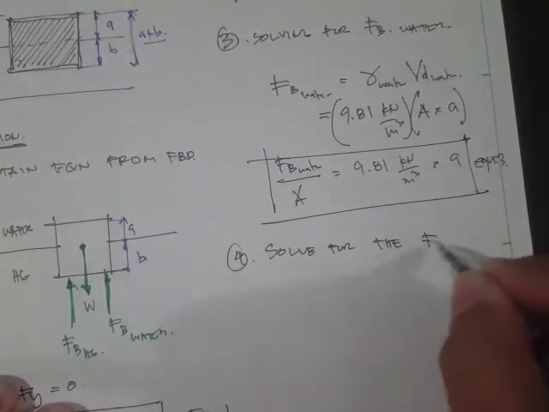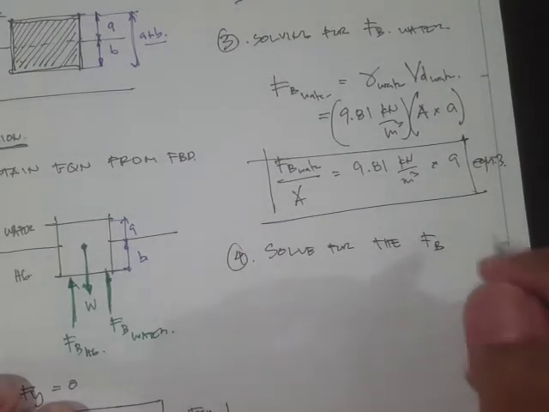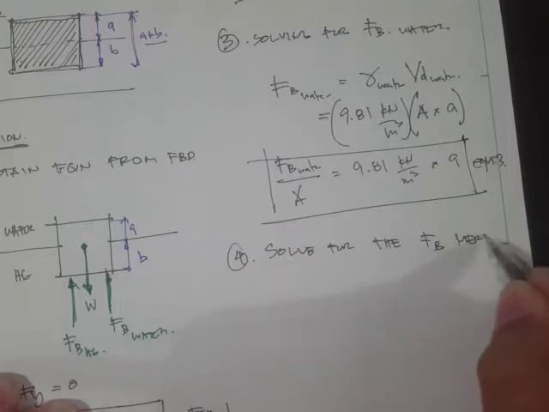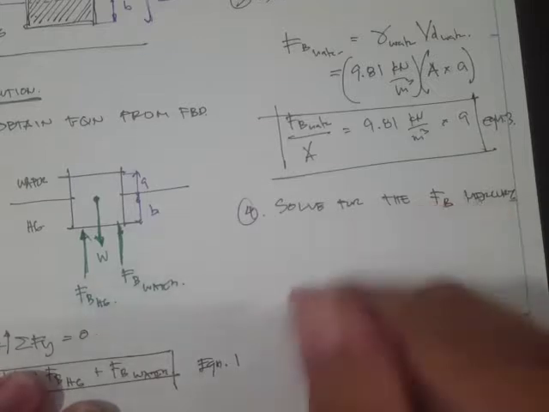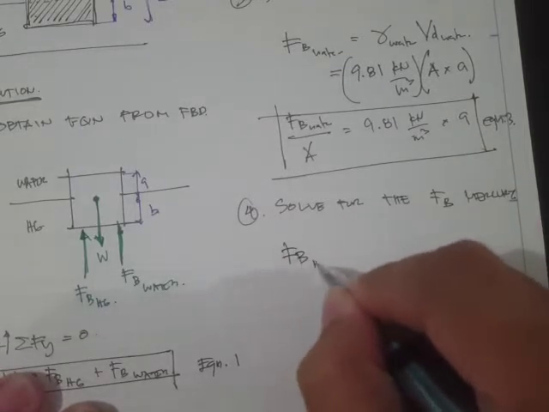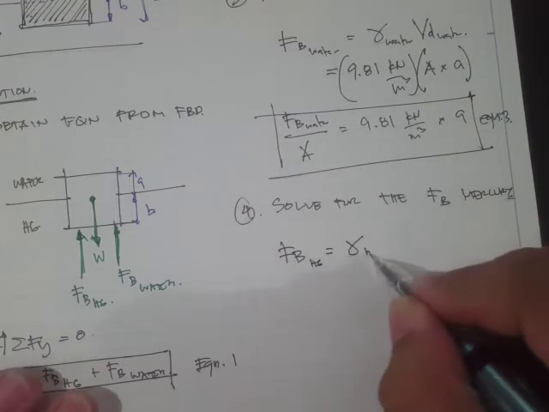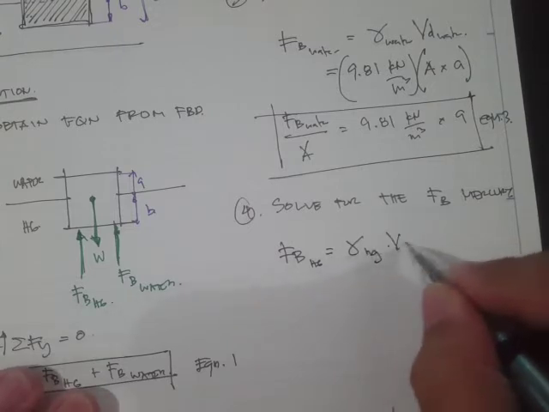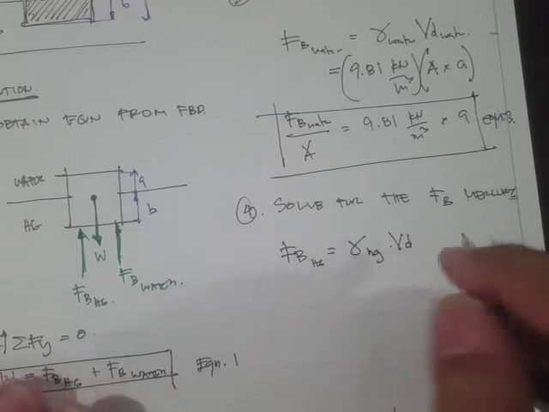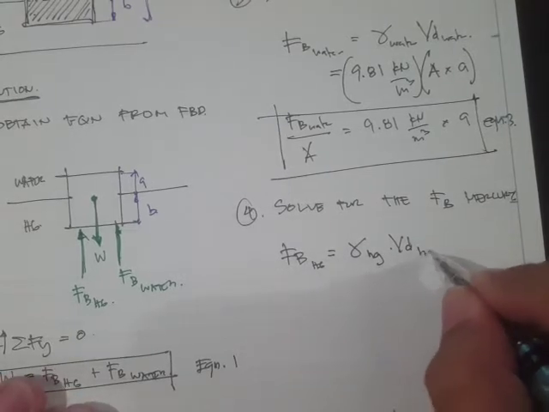Okay, so for the fourth step, solve for the buoyant force induced by the mercury. F sub B Hg is just equal to the unit weight of mercury times the volume displaced in the mercury layer.